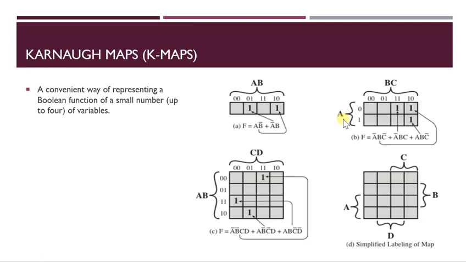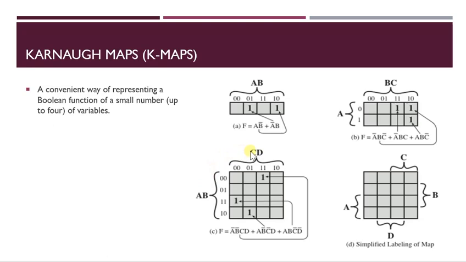Meanwhile, for the 16 cells with 4 variables A, B, C, D, A and B should reside at the row position, and C, D should reside at the column position. So please don't change the orientation of the variables.